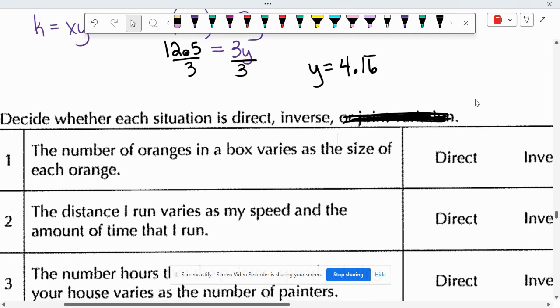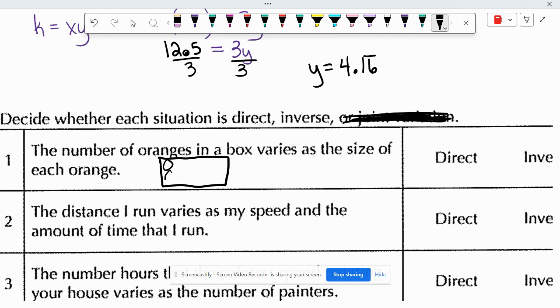So the number of oranges in a box varies as the size of each orange. So let's think about this. If the box is this big and the oranges are this size, I can fit 10 oranges in there.